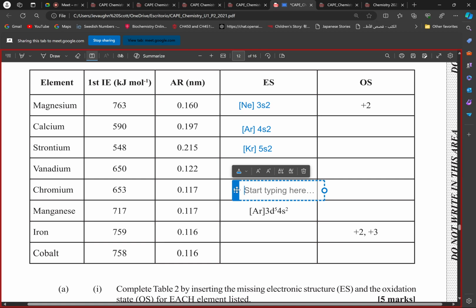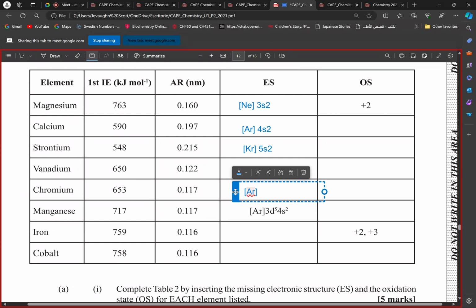Because that's how you should write it, but that is not how it works. It adds from 4s, but really it's 3p then 3d, then you write your 4s. This is the notation they're using, so we shall follow the notation as well.